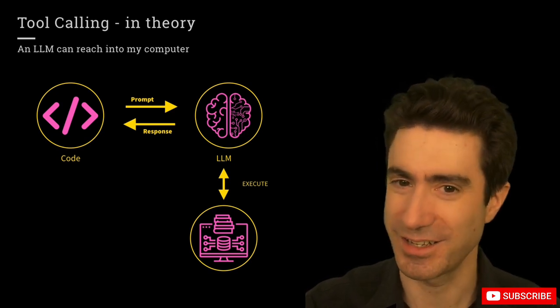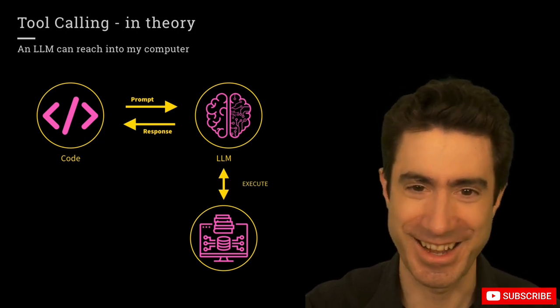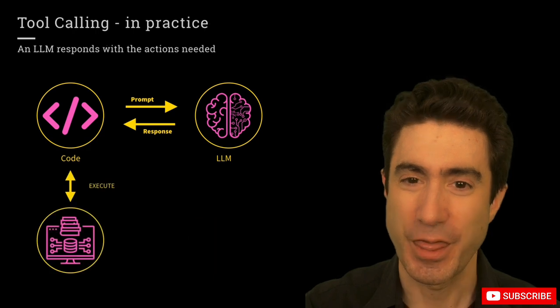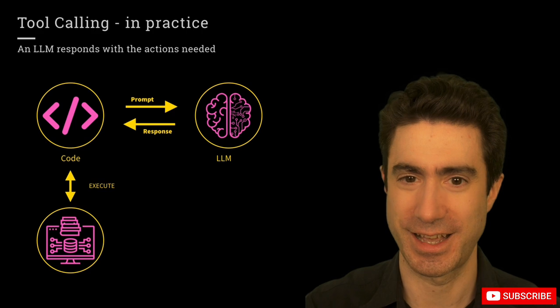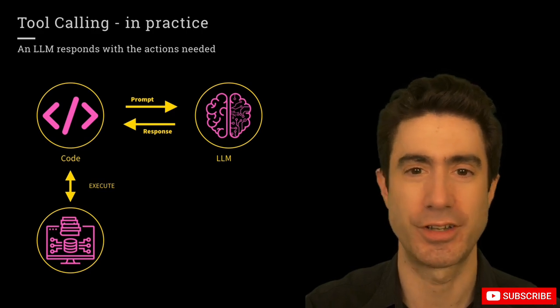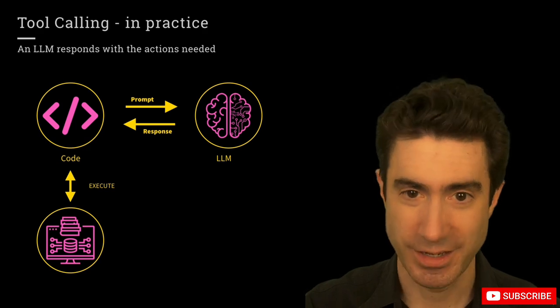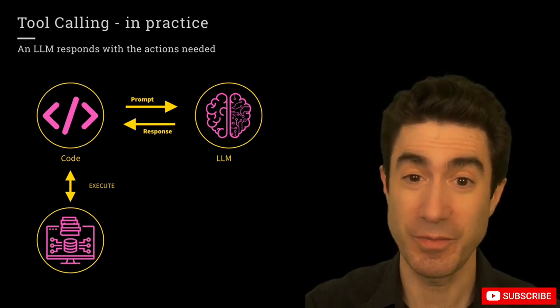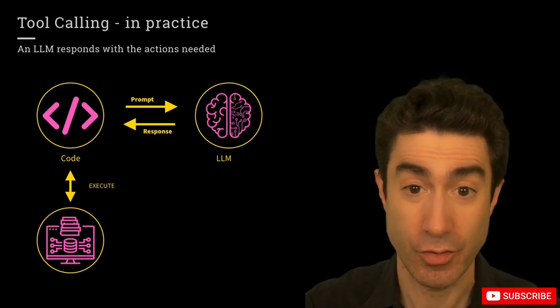So this is it in theory. The practice has just one tiny deviation from this, but it reveals everything. This is what actually happens. You prompt the LLM and you say, I want to turn on my lights or whatever. And you say, but I would like you to tell me if you want me to take care of a few actions that I can do on your behalf.